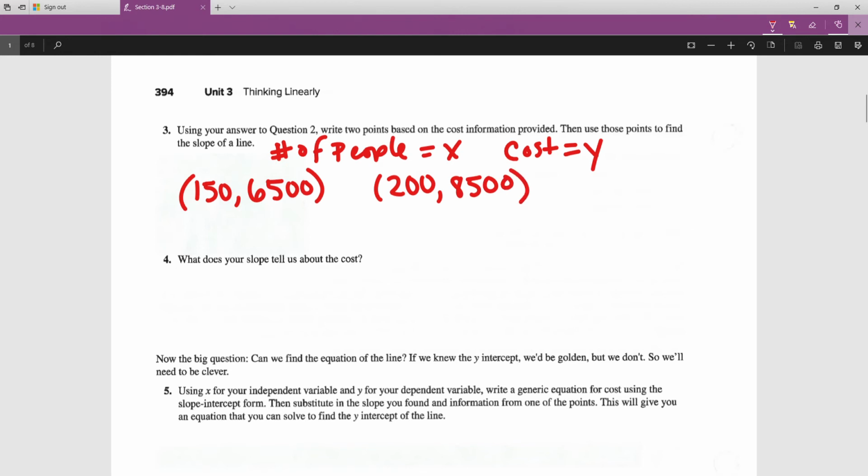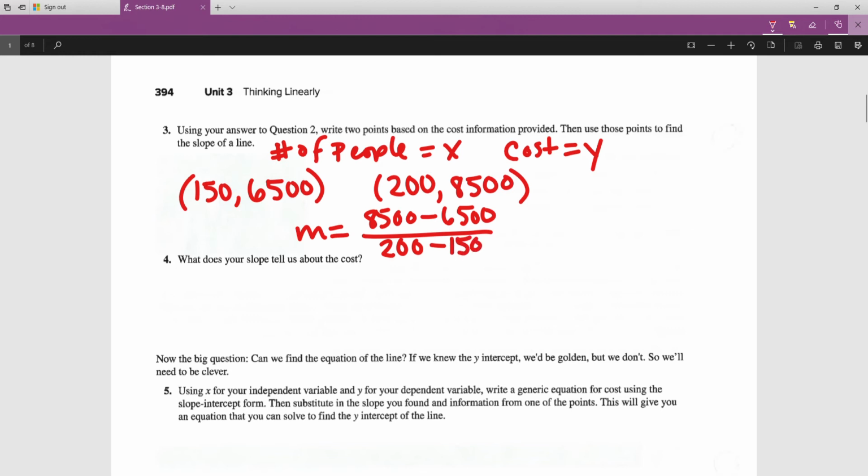So using those 2 points, X1 and Y1 and X2 and Y2, we can use our slope formula to do Y2, which is 8,500, minus Y1, which is 6,500, all over X2, which is the corresponding X value, 200, minus X1, which was the 150 people.